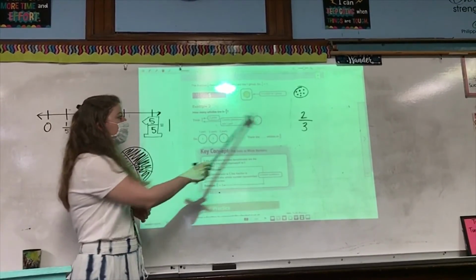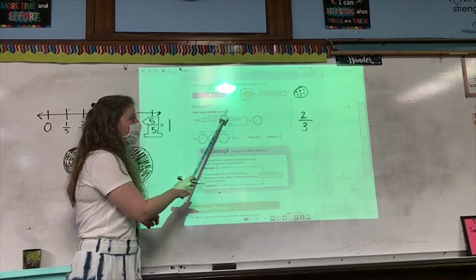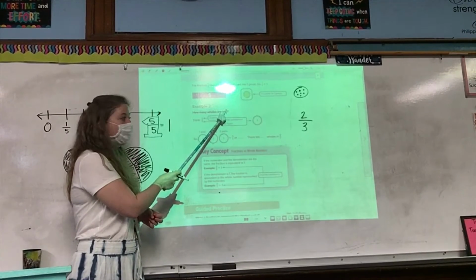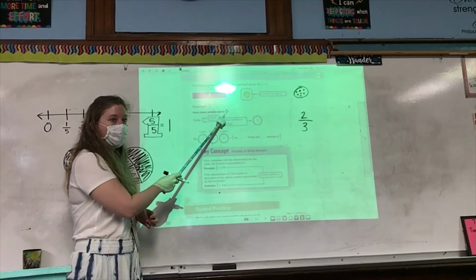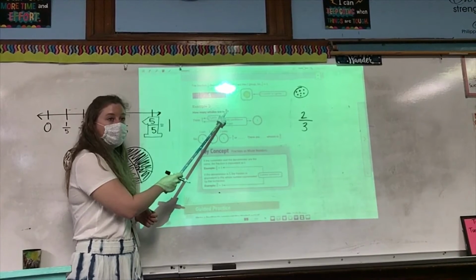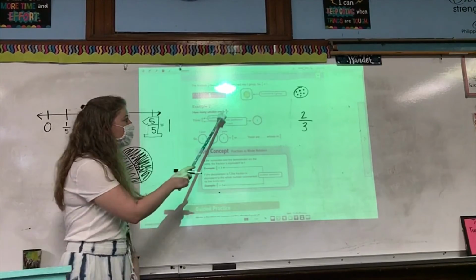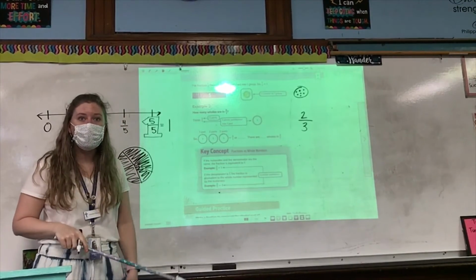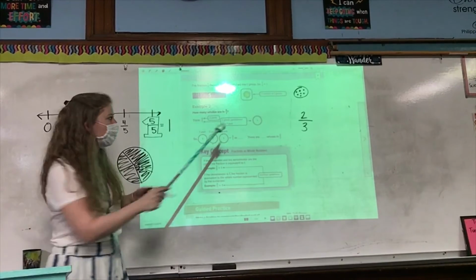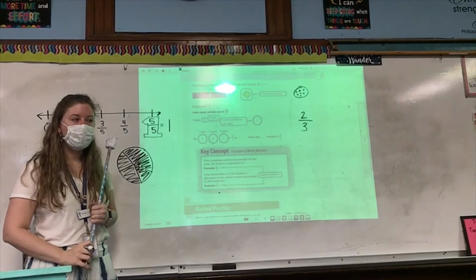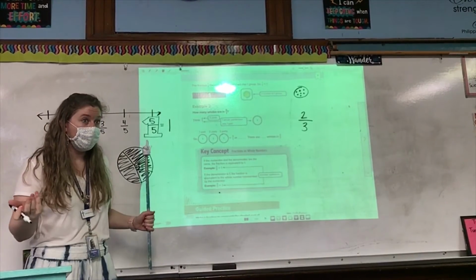So if we read this the way we would read this, we read the top number, which is what, Carla? 3, and then we say what the bottom number represents. So 3 wholes. Well, knowing that when there's a 1 on the bottom, you say the word whole, how many wholes do you think are in 3 wholes? Zadie? 3.